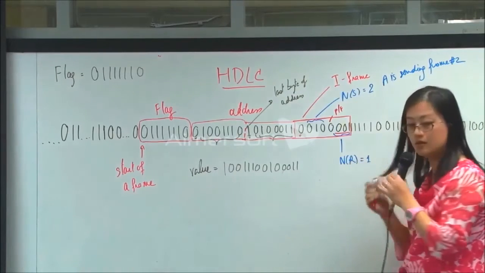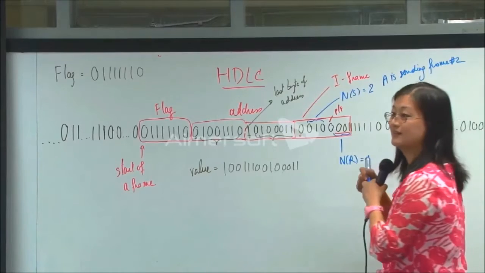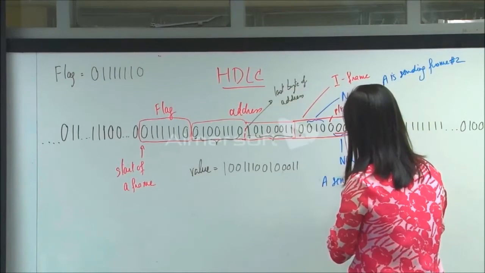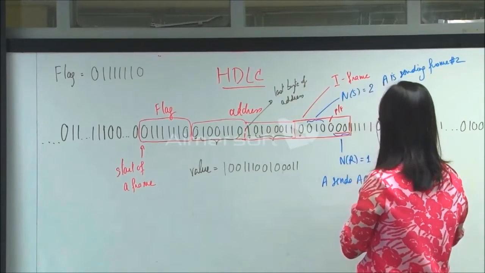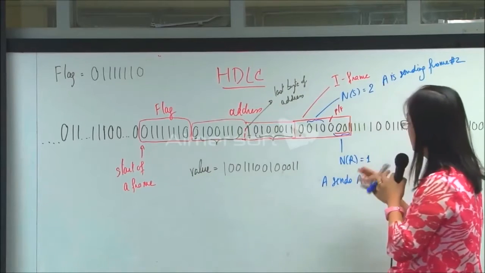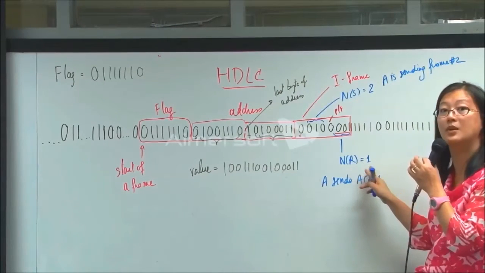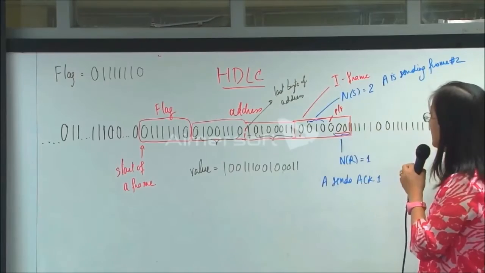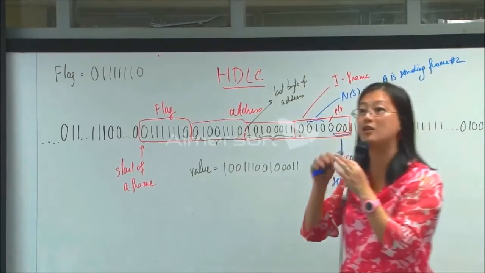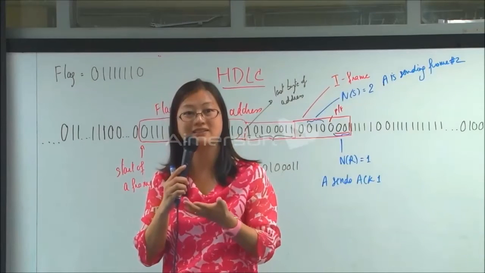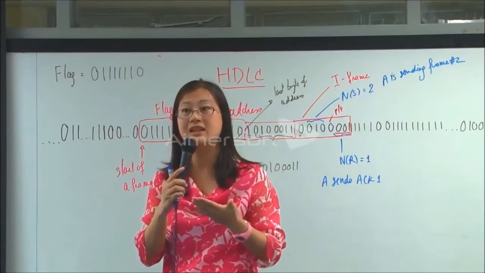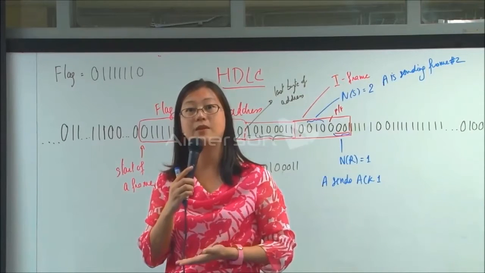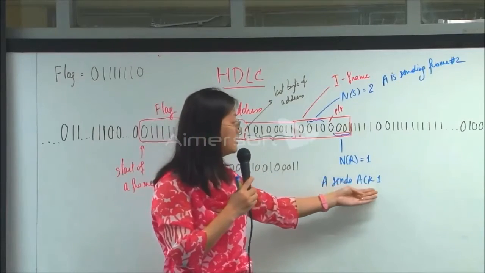This is equal to acknowledge, ACK1. Receive sequence number 1 means that A sends ACK1. So in the same frame that you are sending now, you send frame number 2 and also you piggyback ACK1, which means that you tell B that you have received frame number 0 from B correctly and you are expecting frame number 1 from B. So this is what you acknowledge.